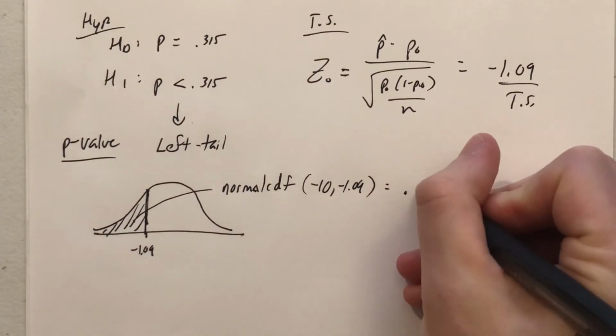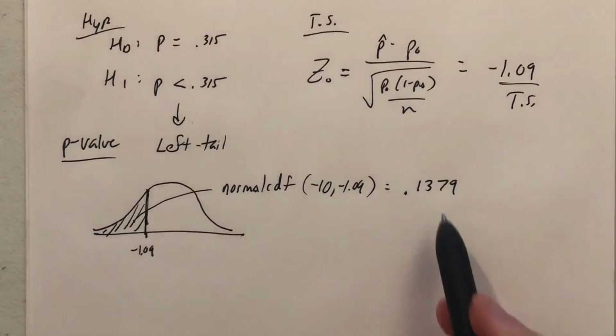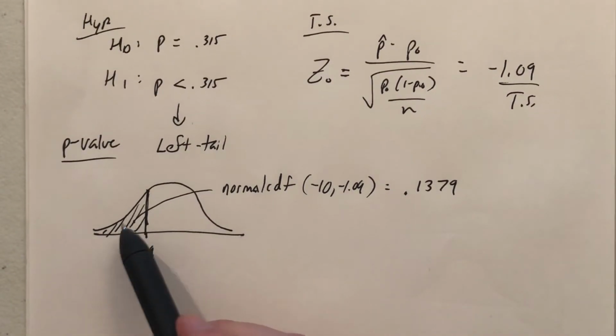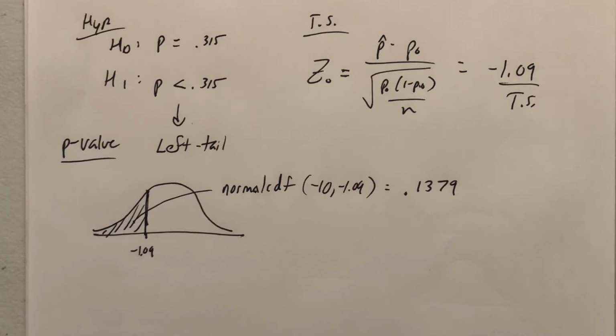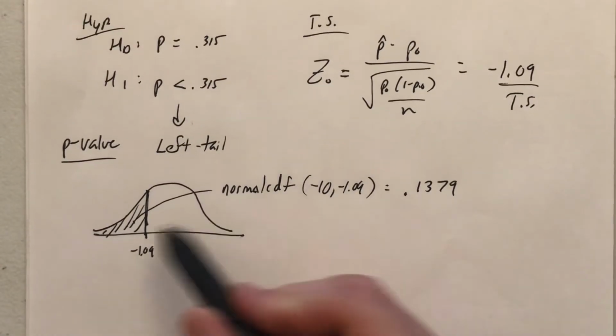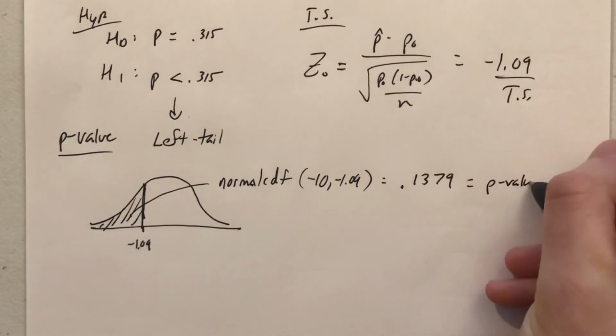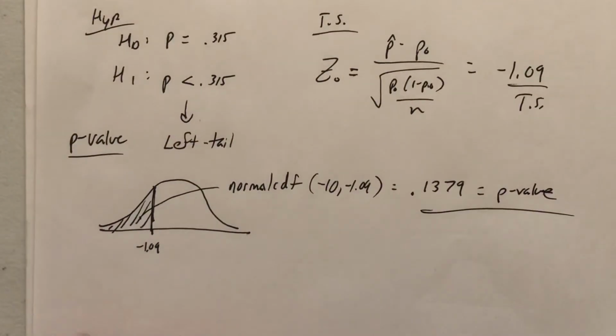And that's giving me 0.1379. I'm going to take that to 4 places because this is an area under the curve, which is effectively the same as talking about probability. So 0.1379 being the area, that is our p-value for this problem.